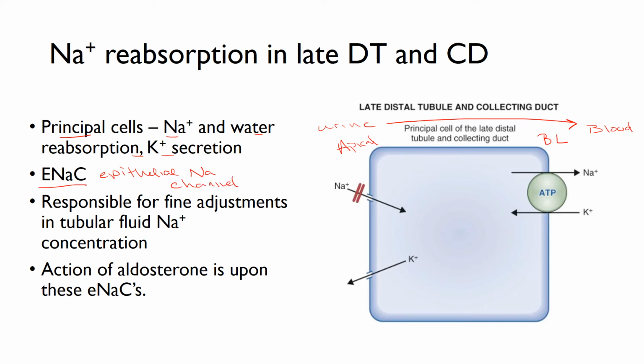So this epithelial sodium channel is essentially just a channel dedicated specifically to sodium located in an epithelial cell, so ENaC. The sodium will diffuse down its concentration gradient from the lumen side into the cell using this ENaC. And then the fate of sodium is to cross the basolateral membrane using the sodium-potassium ATPase, which is what this over here on the right is depicting. This is sodium-potassium ATPase.